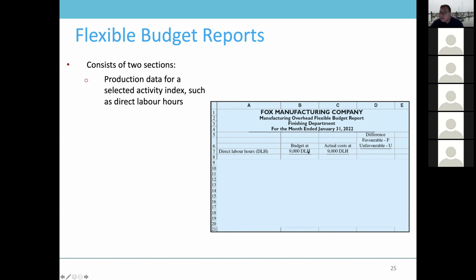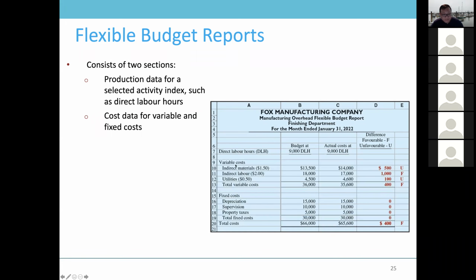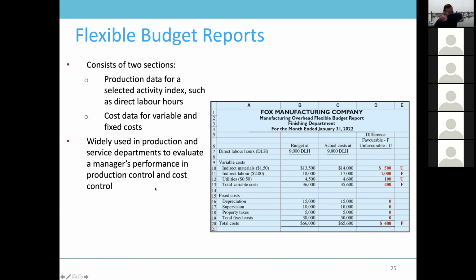So you see the activity index right here. And the second part is the variable cost and fixed cost. So two sections, the top one and then the bottom one. At the top, you have to make sure you indicate what the activity index is.